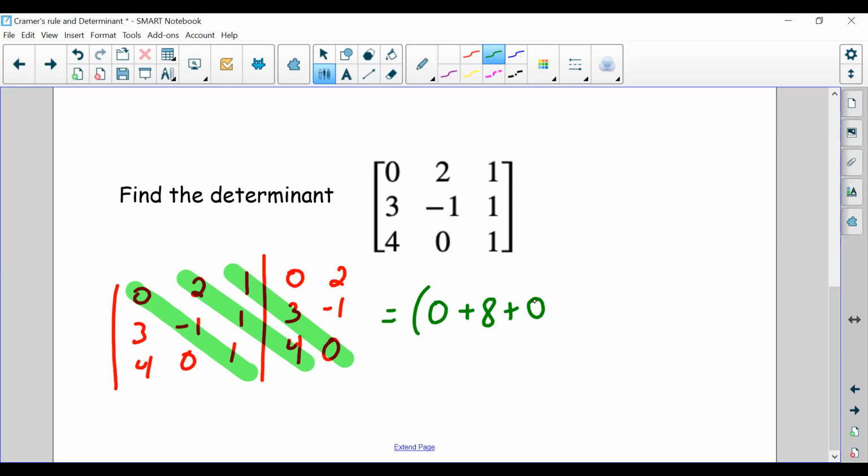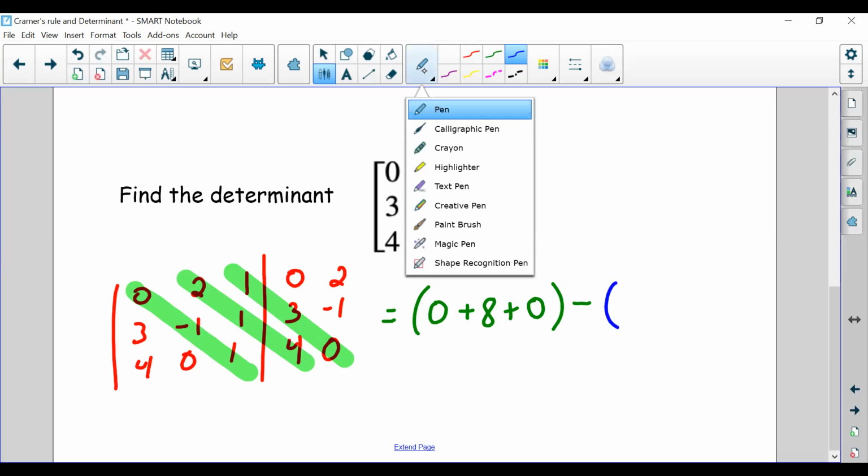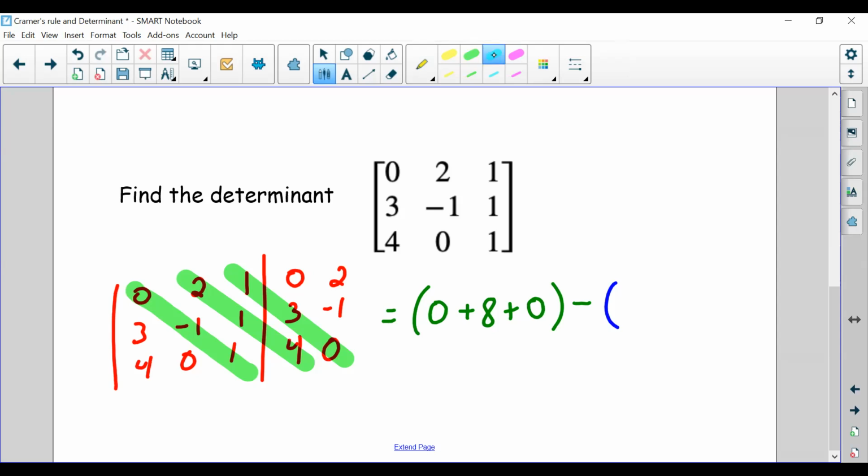So I take the sum of all the diagonals down. So that's the difference here. Sum of the diagonals down minus the sum of the diagonals up. So my diagonals up would be here. 4 times negative 1 times 1.